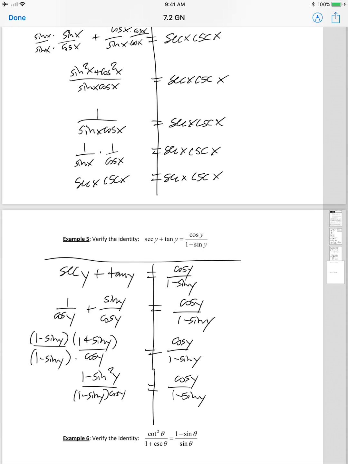So I'm getting there, right? I at least have that term in the denominator. 1 minus sine squared, Pythagorean, is cosine squared over 1 minus sine y cosine y. And hey, cosine's going to cancel.